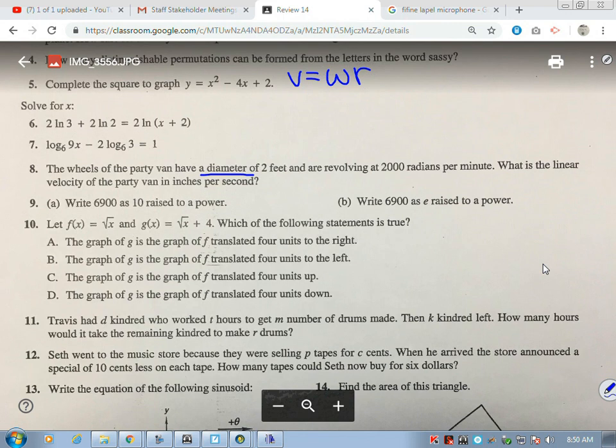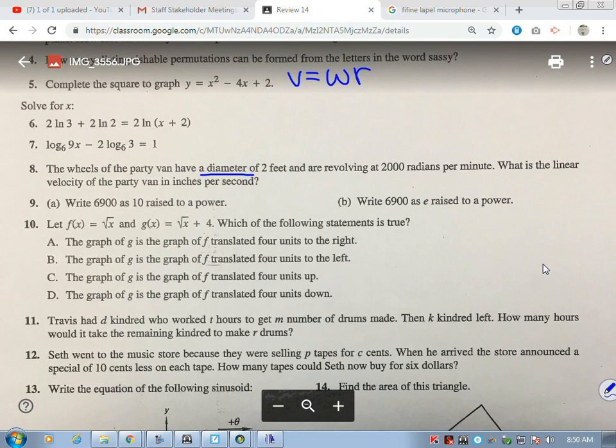Okay. So we've got 2,000 radians per minute, and we've got a diameter of 2 feet. We need to convert our 2 feet into a radius. So what's the radius there? 1 foot. And since we're wanting it in inches per second, could I go ahead and convert that just to 12 inches? Okay. All right.